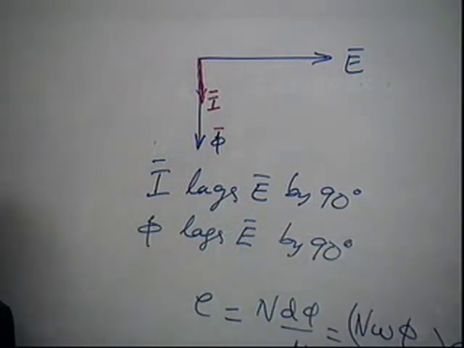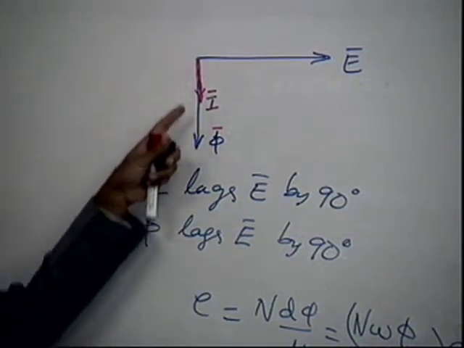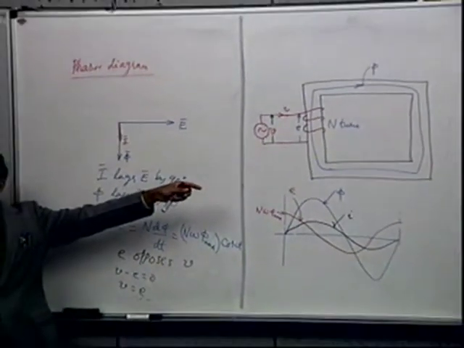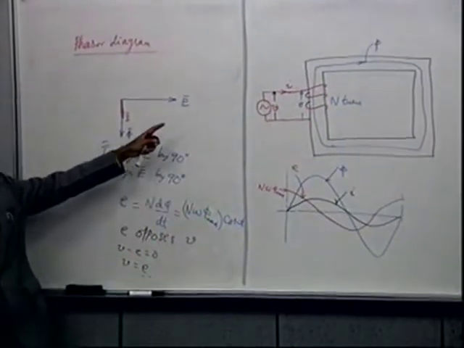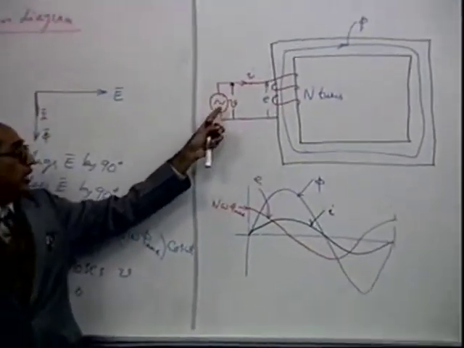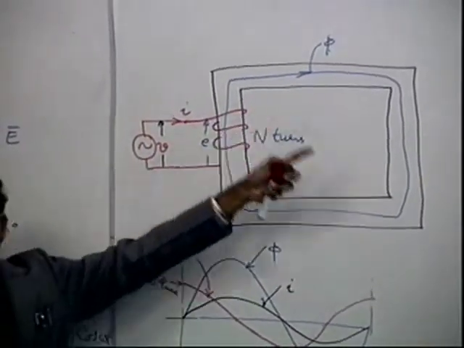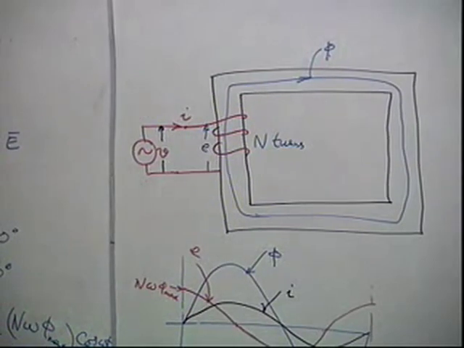Okay, it's very simple. So whenever you take an AC system, ideally the current drawn would lag the voltage by 90 degrees, because this is taken as an ideal core. Okay.